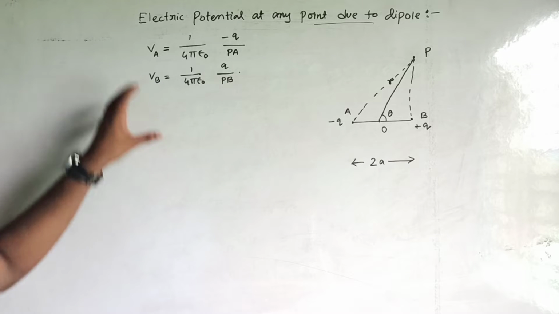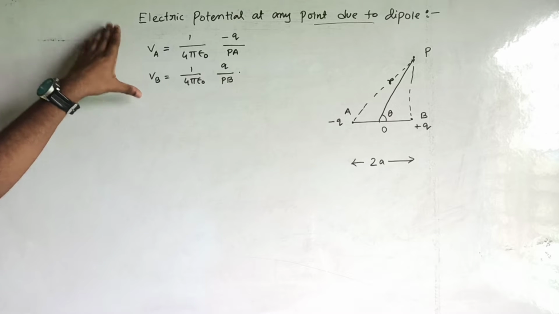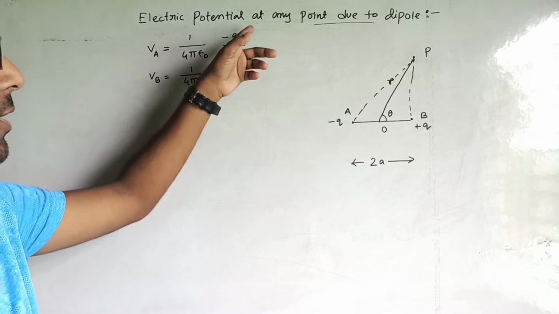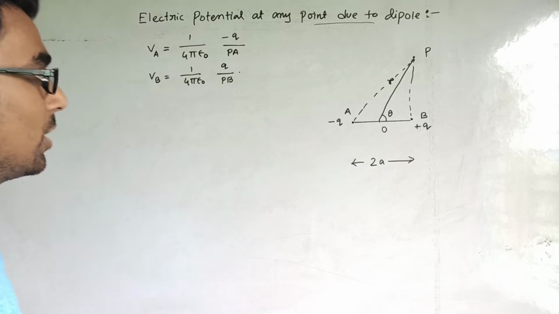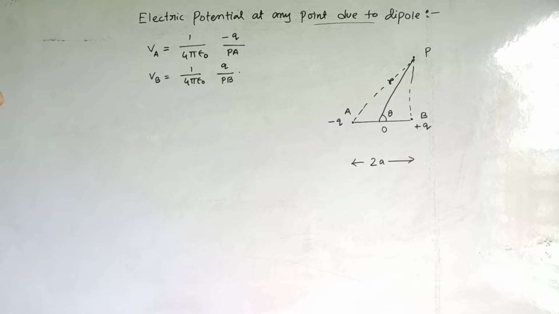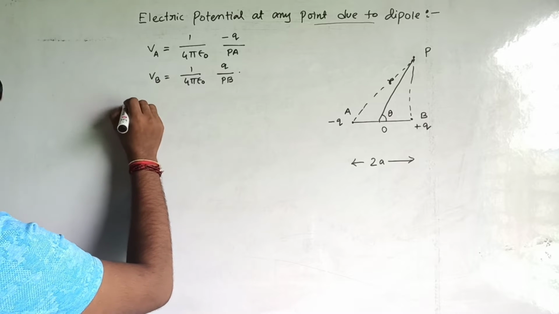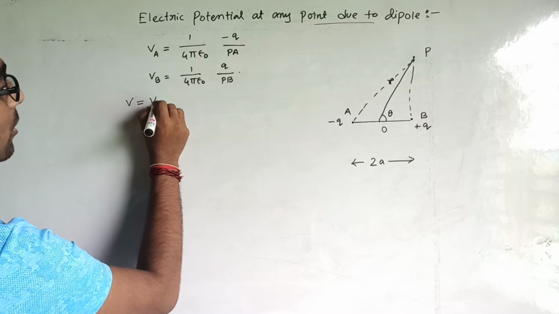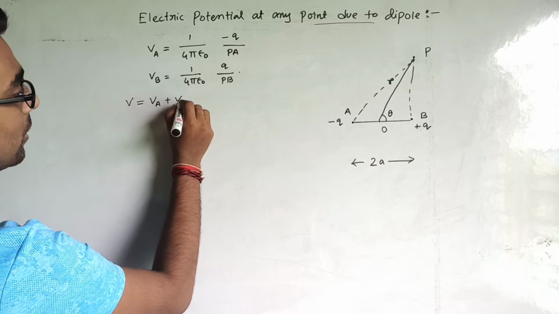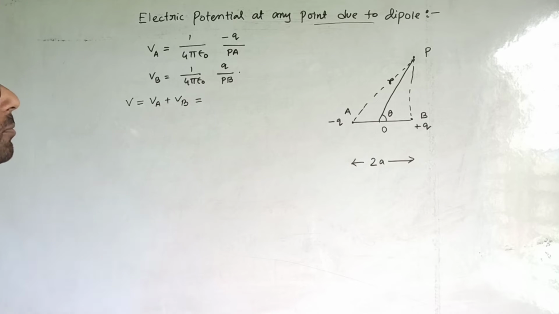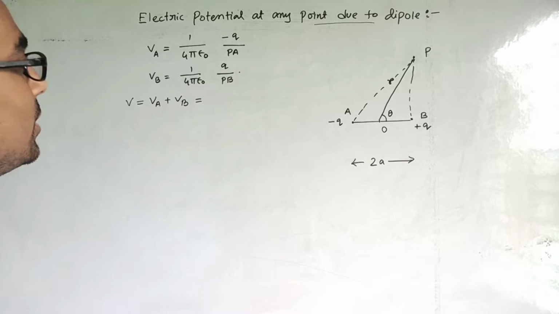Because we know the expression of electric potential due to a point charge is charge divided by distance. So now we can easily calculate, as it is a scalar quantity, we will directly sum both the potentials at that point.